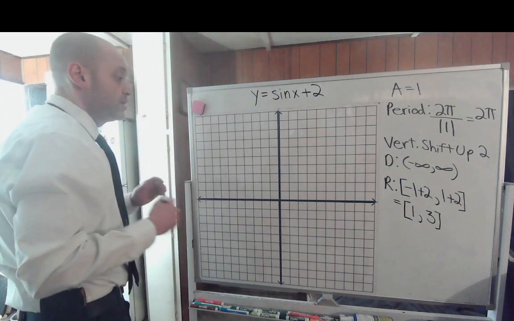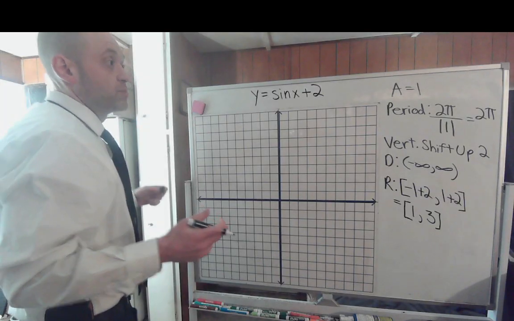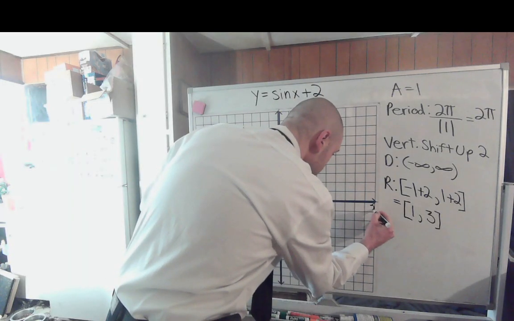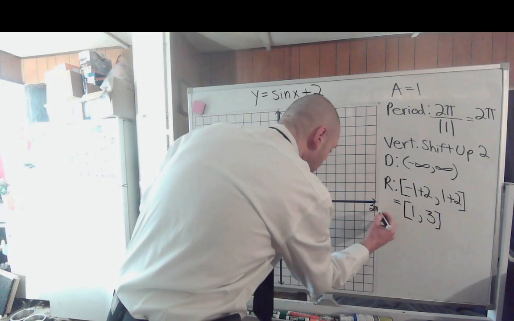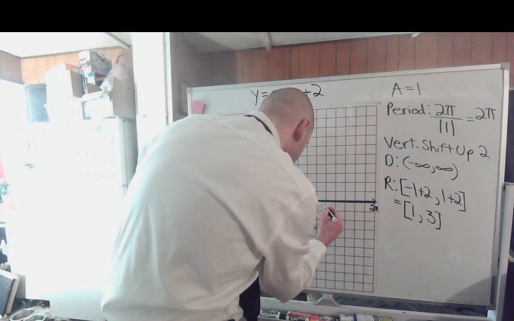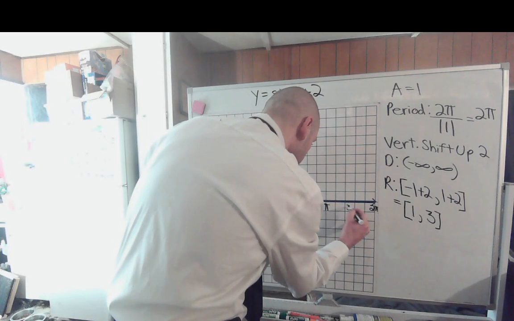So let's go ahead now, since we know the period's 2 pi, and plot these points. So we have 2 pi here. Here's pi. There's 3 pi over 2.